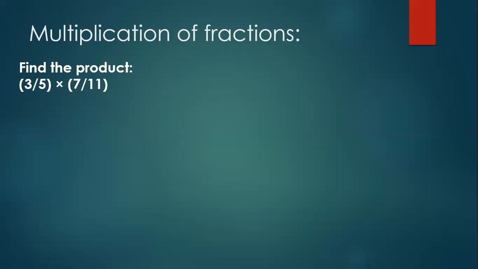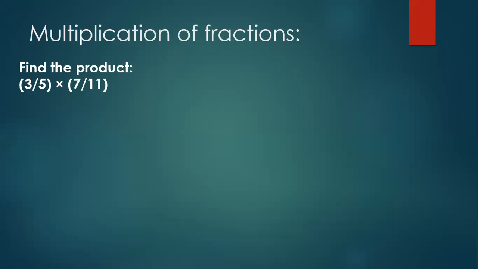Now, they could ask you to find the product in any way. So if they ask you to find the product 3 by 5 multiplied by 7 by 11, I'm not going to consider whether they are proper or improper, or whether they are like or unlike.